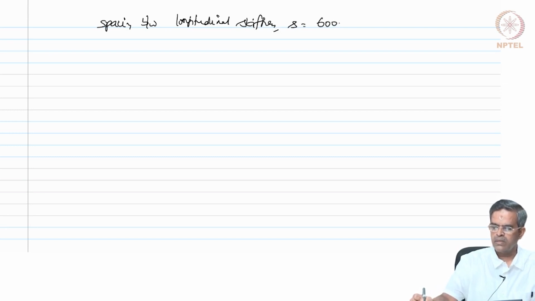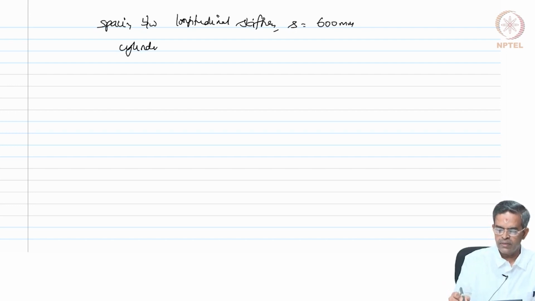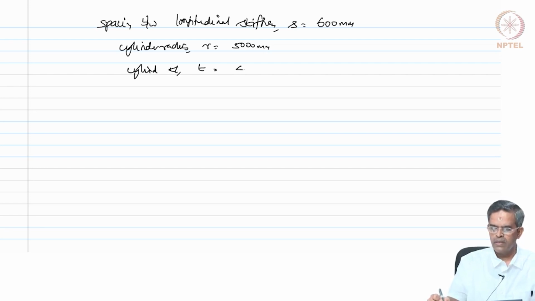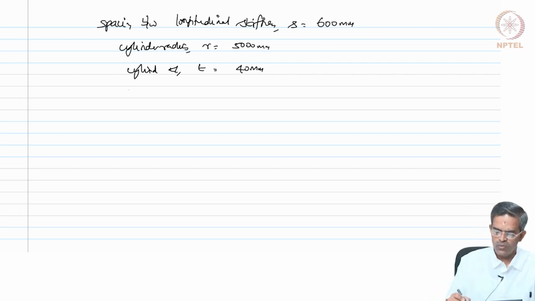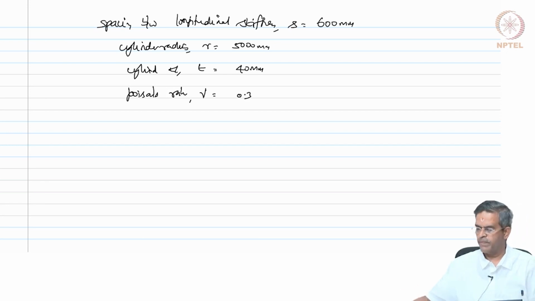S is 600 mm, cylinder radius R is 5000 mm, cylinder thickness T is 40 mm, and Poisson's ratio nu is 0.3.